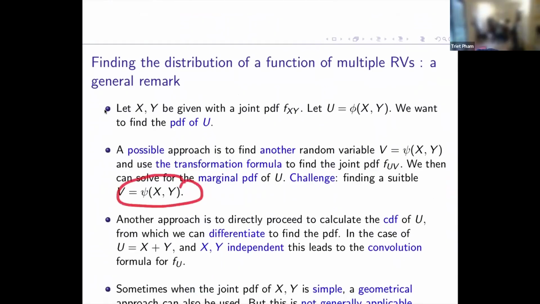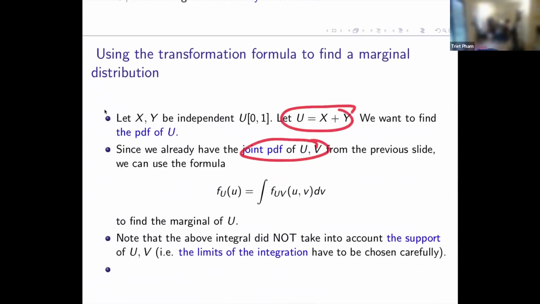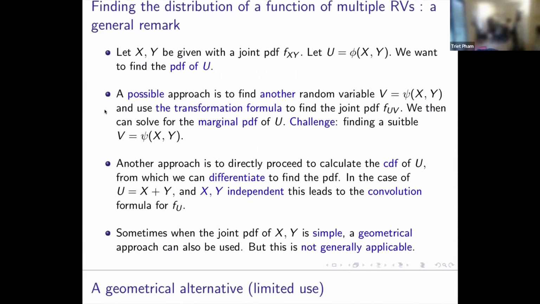You could find another V that is suitably easy to find together with U. And if you're lucky, you can find another candidate that is independent of U in the transformation. But the point is, instead of finding one, you can find both, and then integrate to get the desired answer. So this transformation also has that purpose, where you find a pair and then integrate out to get the answer you want.